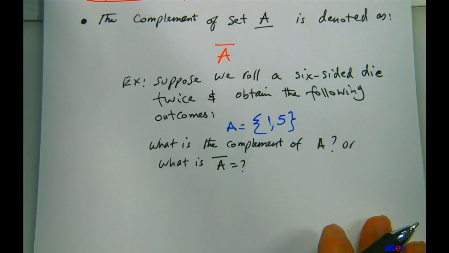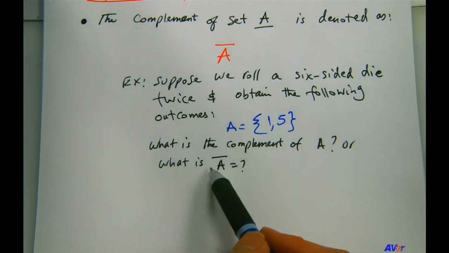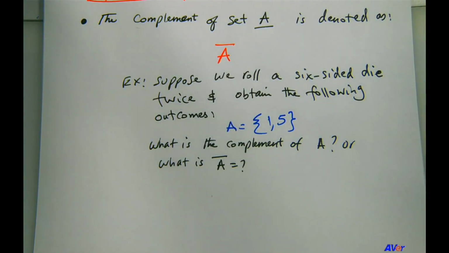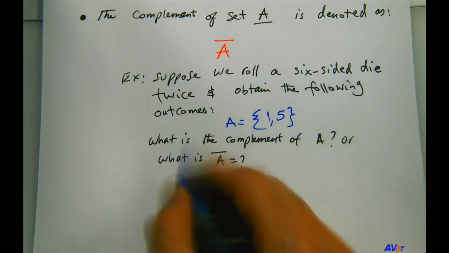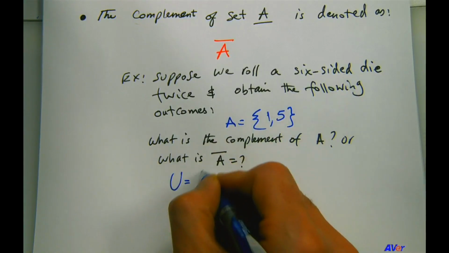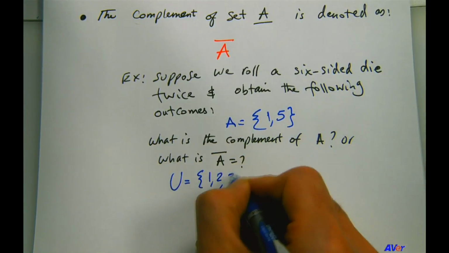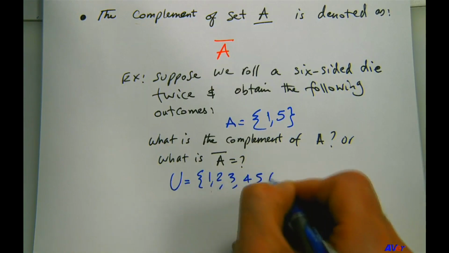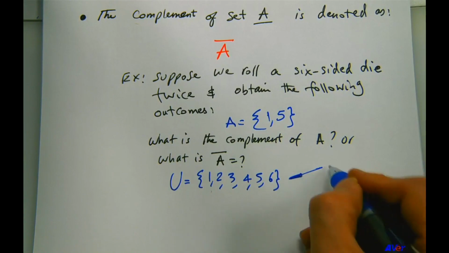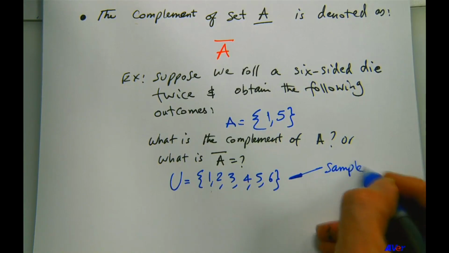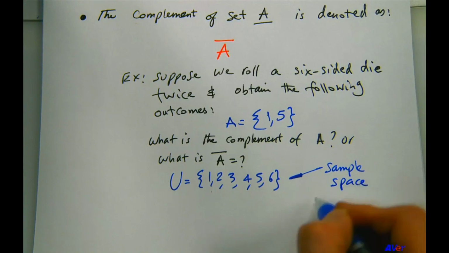That's the question. In order for us to answer this question, we need to know what is the sample space or the universal set. Well, the universal set for rolling a 6-sided die is as follows: 1, 2, 3, 4, 5, 6. This is our sample space or the universal set.